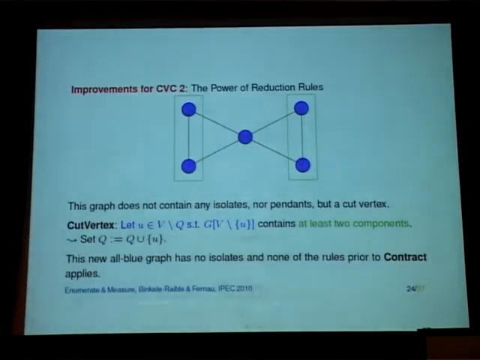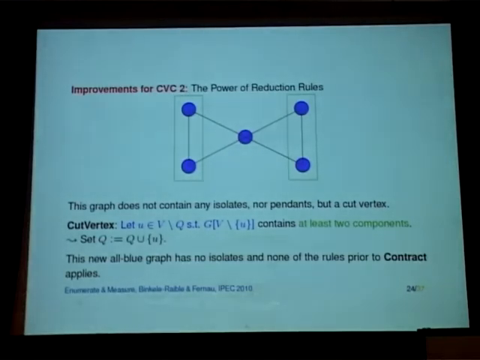It hasn't been a cut vertex in the original graph, but it has become one, as you can see with the components which this vertex is splitting the graph into. Therefore, it must be in the solution as well, because there's no other way to connect these two components.